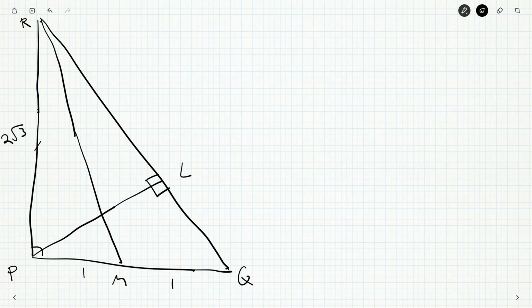All right, well, let's think about this for our right angle triangles for a moment. I've got this angle here and some right angles.